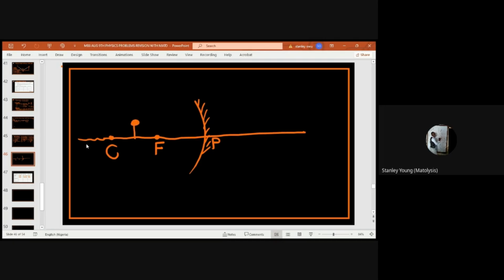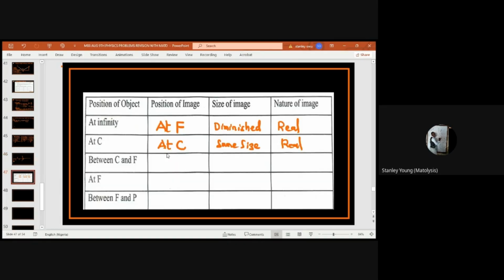I tell you that the image is going to be formed somewhere around here. Which means it's going to be formed behind C. The size is magnified, or you say bigger, and the nature of the image is still going to be real.